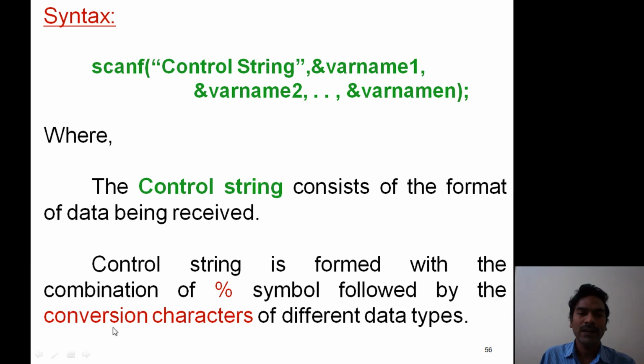Now, the control string is formed with the combination of a percentage symbol followed by conversion characters of different data types. So for each and every data type, there is a conversion character. This conversion character is preceded by a percentage symbol. This combination is formed as a control string.